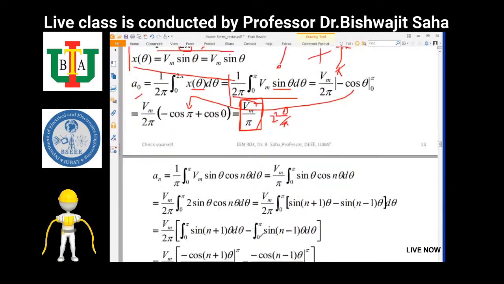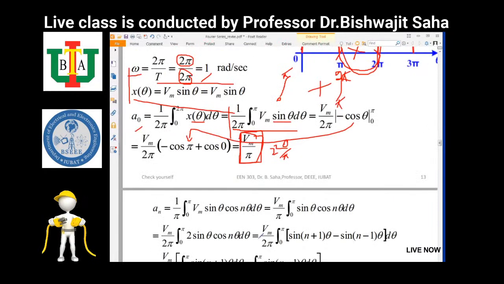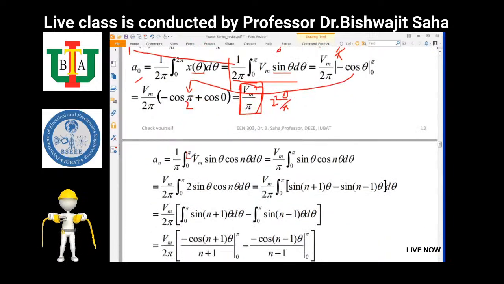Find out An. We can find the An value by applying the same formula as we did earlier: 1 over pi, 0 to twice pi, x of theta cos n theta d theta.